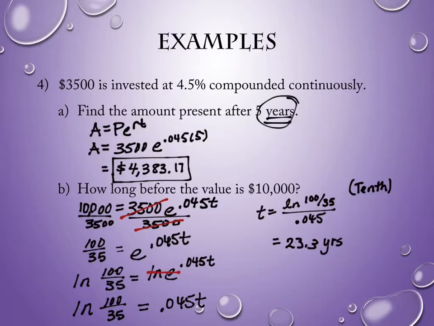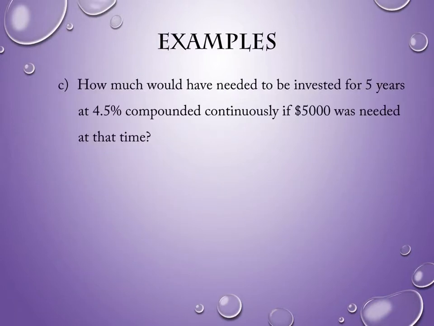Okay, I have one more question associated with the content here. That question has to do with keeping parts of this the same again and changing parts of it. So here's my question. How much would have needed to be invested for 5 years at 4.5% compounded continuously if $5,000 was needed at that time? So again, thinking about my formula, A equals P e to the rt.